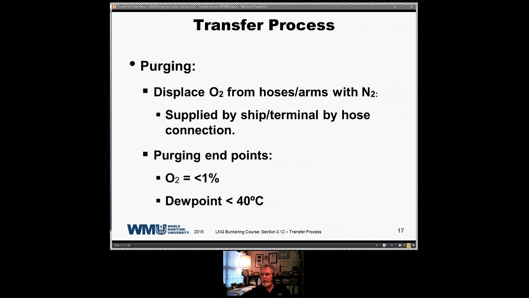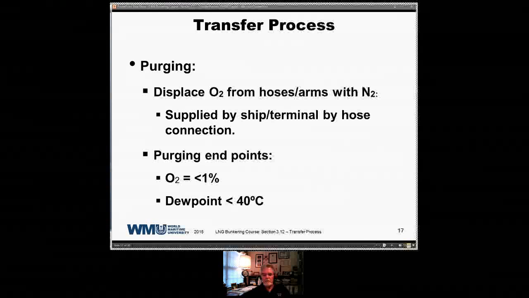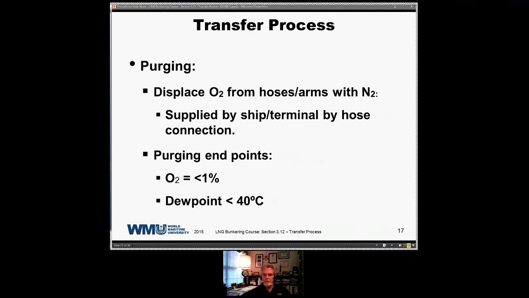Ice is not a friend of LNG pumps, so you do not want any moisture in the system. There is no water content in LNG, but you can pick up moisture in the piping systems of the terminals, the hoses, etc. So always make sure there's no moisture in those transfer systems, and that's checked with a piece of equipment called a dew point meter. Again, minus 40 degrees is the target.